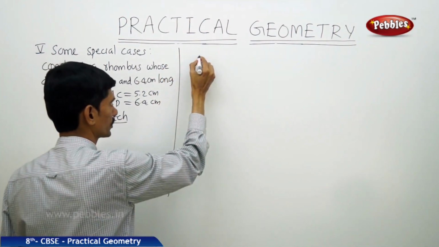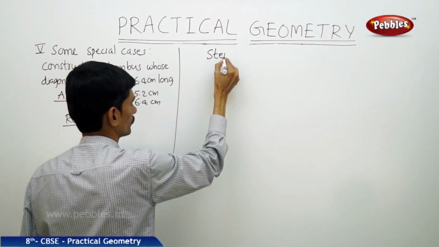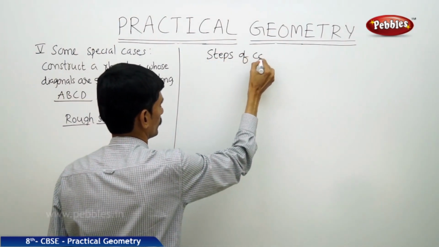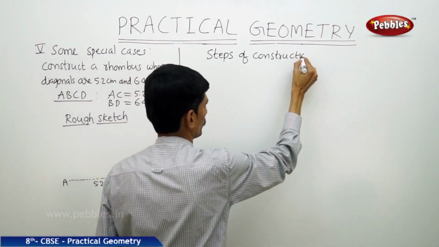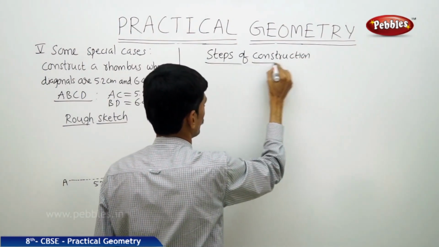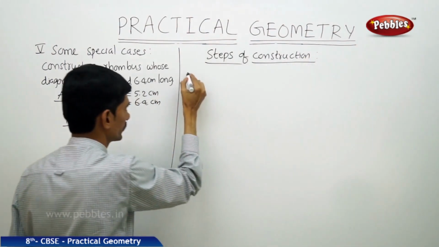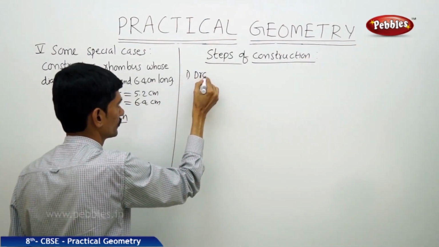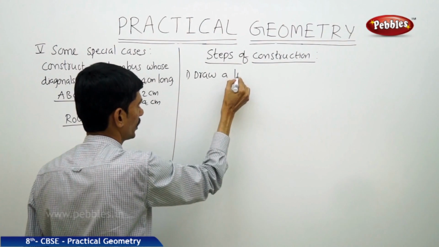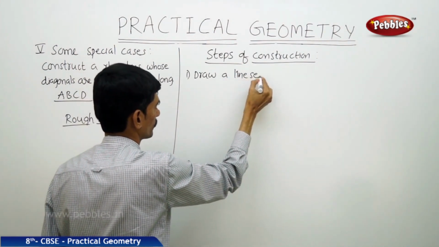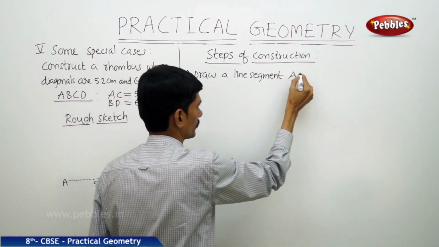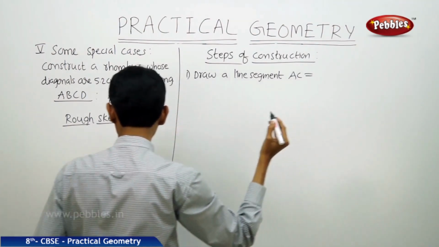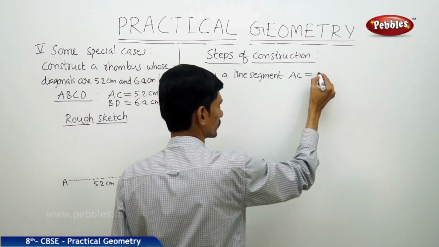Then the steps of construction. The first one, draw a line segment AC equals to 5.2 centimeters.